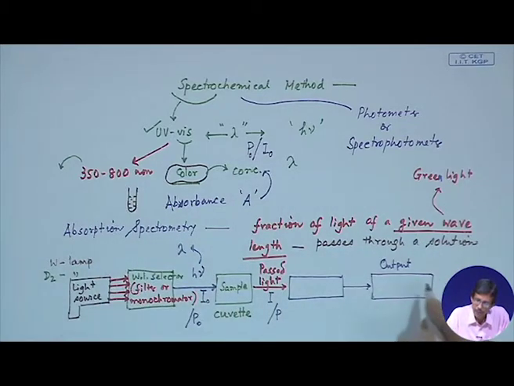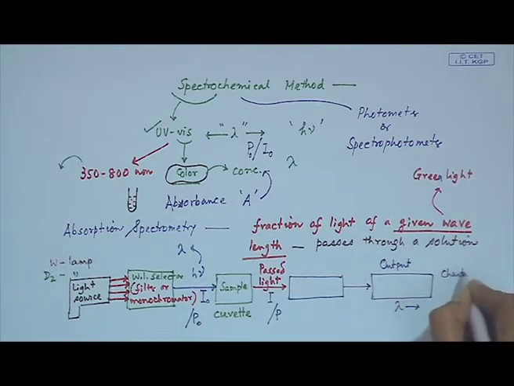If we consider that this is the lambda axis for this output, it can be a chart paper. On a chart paper we can record, or a simple computer monitor is fine. The screen of the computer monitor is therefore utilized for plotting.